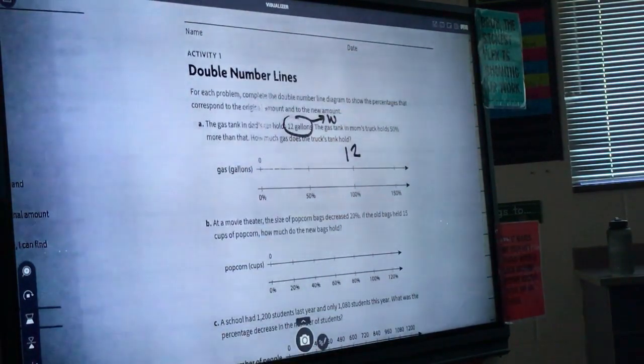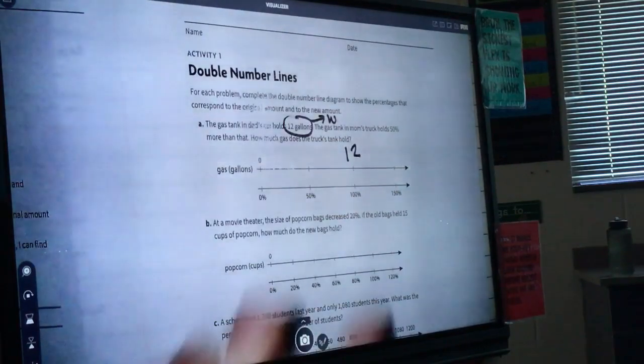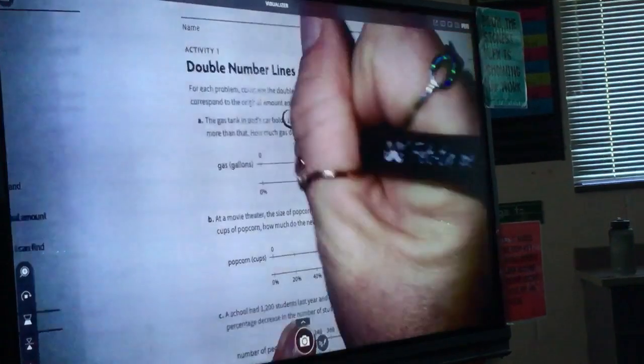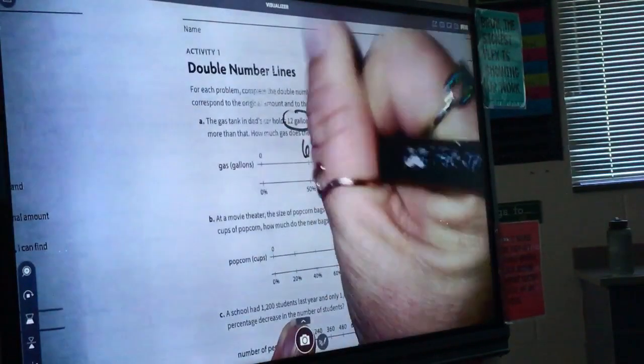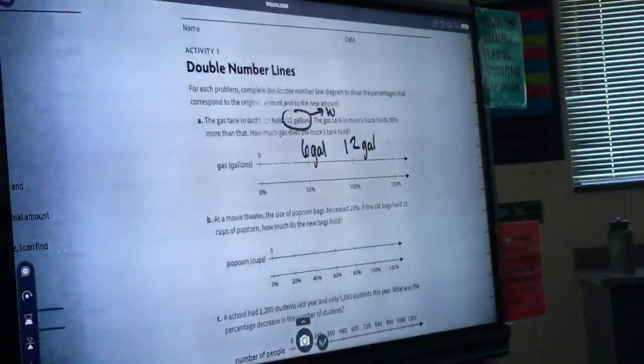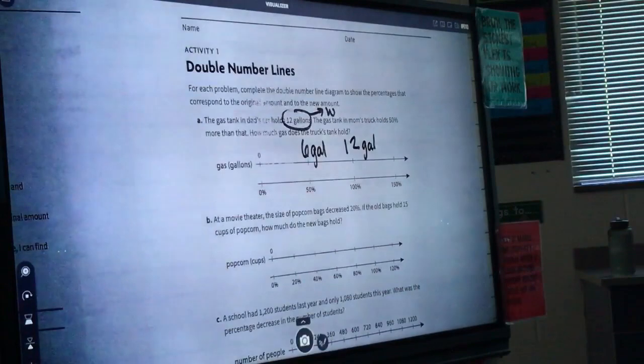So far, so good? Yes. All right. Well, what is half of 12? Oakley? 6. So half of 12 is 6. And I'm going to write gallons so we know. So then, how do we figure out how much 150% of 12 is? What would we have to do? Seth?